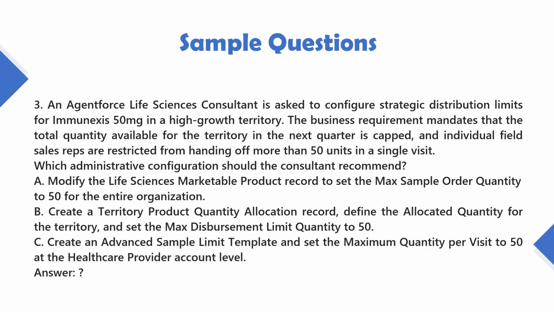A. Modify the Life Sciences marketable product record to set the max sample order quantity to 50 for the entire organization. B. Create a territory product quantity allocation record, define the allocated quantity for the territory, and set the max disbursement limit quantity to 50. C. Create an advanced sample limit template and set the maximum quantity per visit to 50 at the healthcare provider account level.